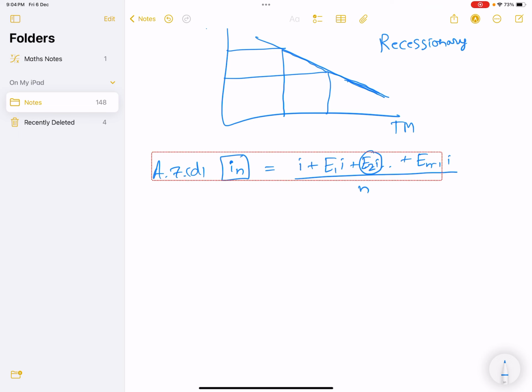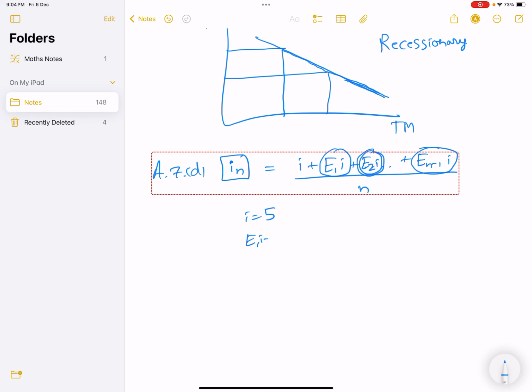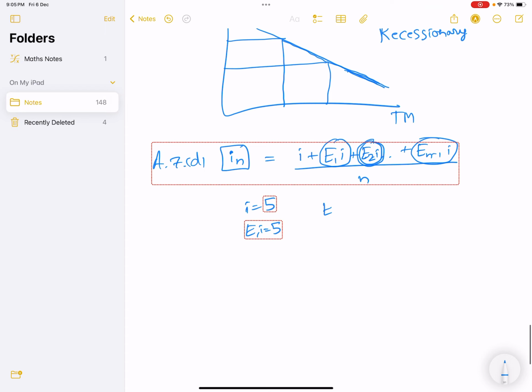So now if the expectations are the same, suppose i is 5 right now and you expect E1i equals 5, that is, next year the interest on a 1 year bond would remain 5 only, E2i as 5, which means after 2 years the interest rate on a 1 year bond would remain 5% only.